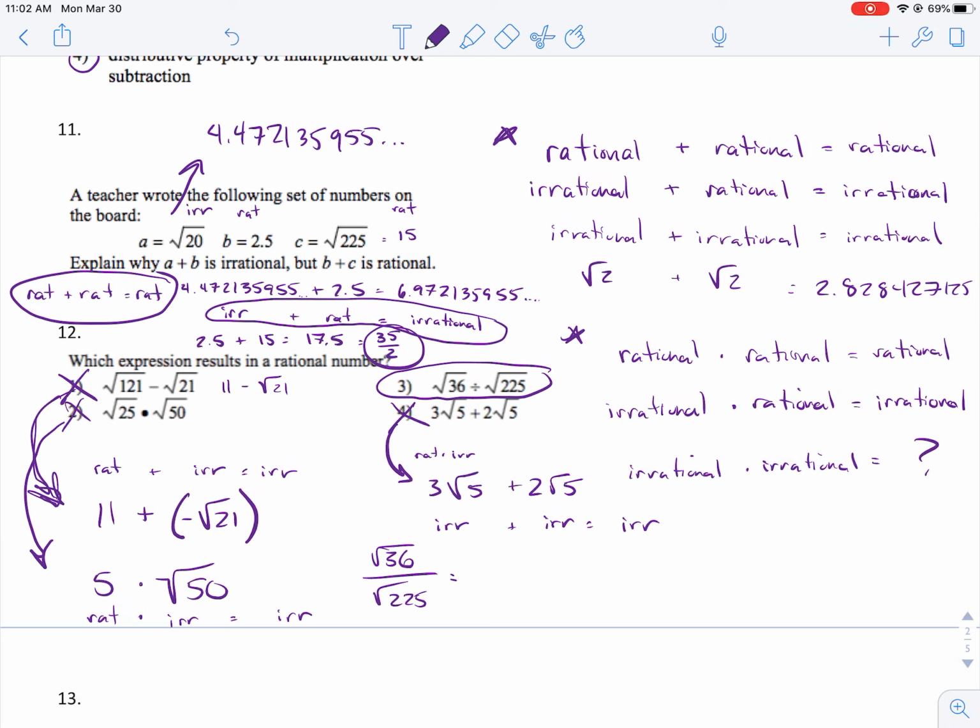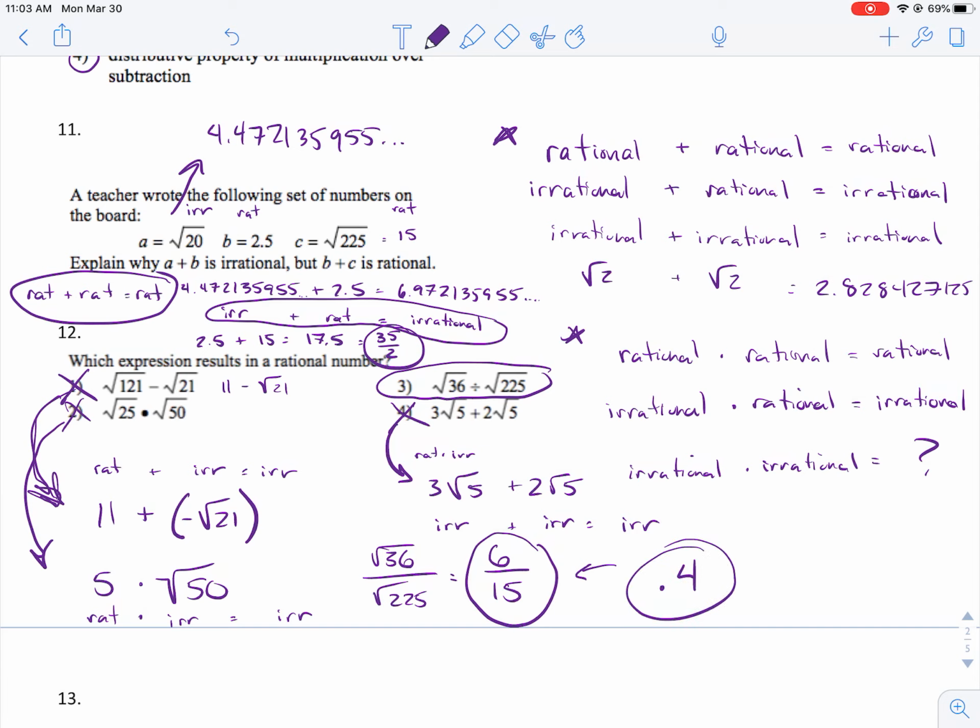And why does it have to be 3? Well, let's take a look. So you've got the square root of 36 with the square root of 225. What's significant about those numbers? Well, the square root of 36 is just 6, and the square root of 225 is 15. And here we have a number being represented as a fraction.